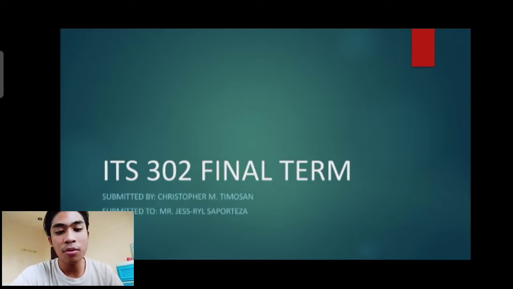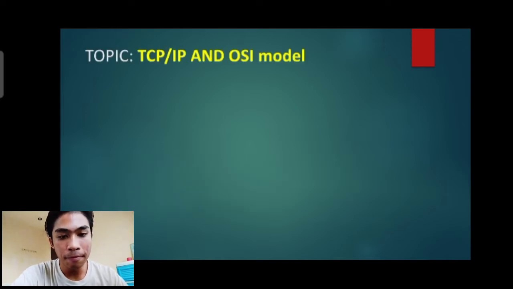The topic that I've chosen is all about TCP, or Transmission Control Protocol, sometimes called TCP/IP. IP stands for Internet Protocol, and the OSI model. This is the topic that I've chosen to elaborate with you this afternoon.